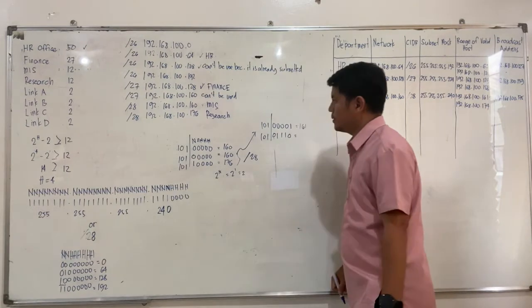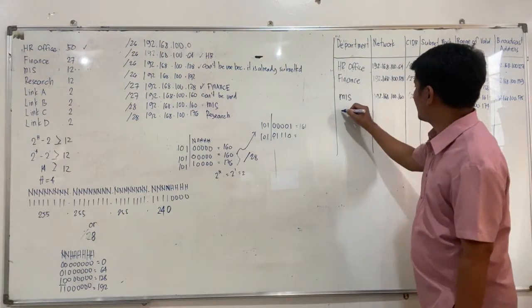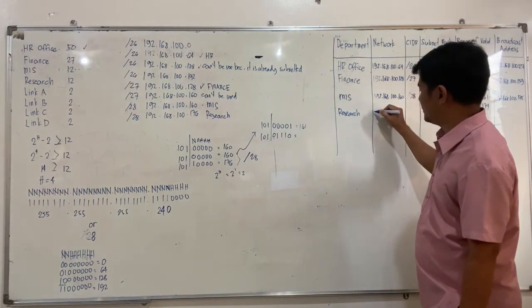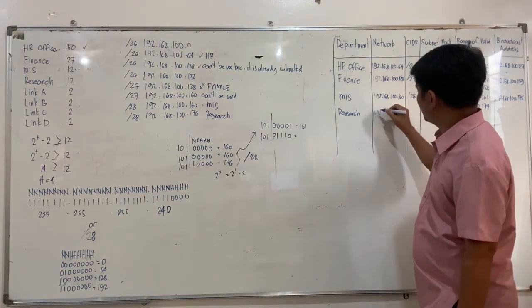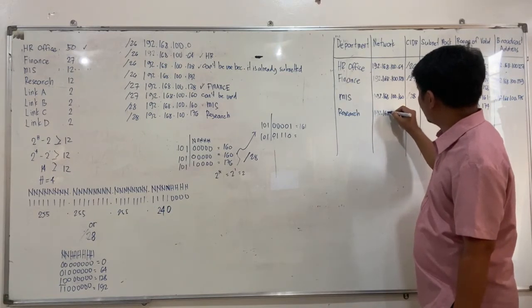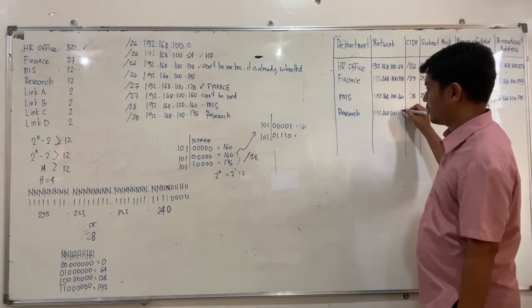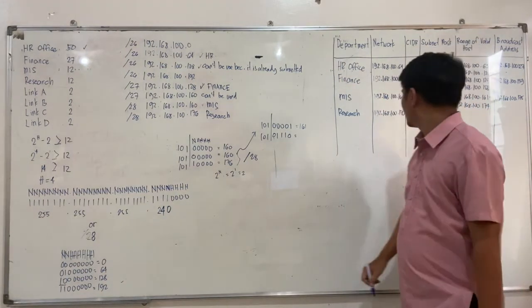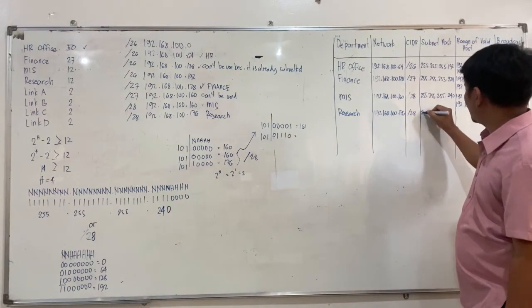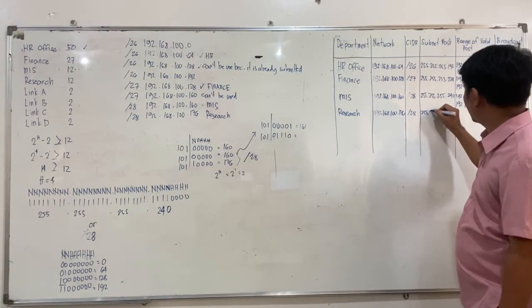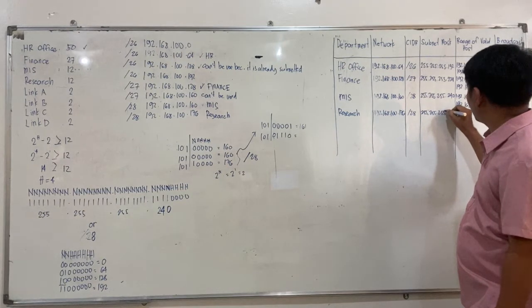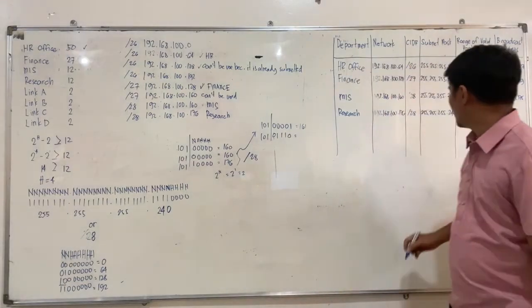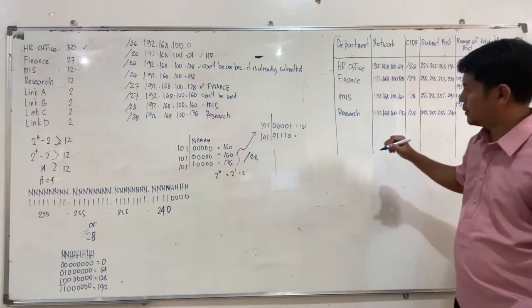Okay, so for our research, we have 192.168.100.176/28. The subnet mask value is 255.255.255.240, the same. Then the first valid host.